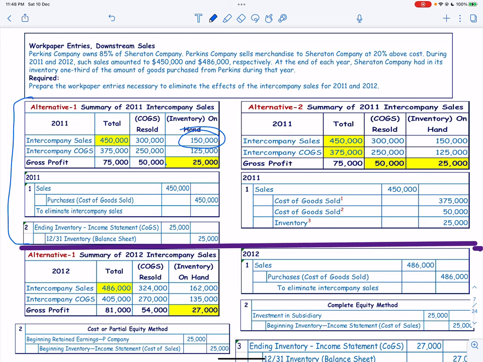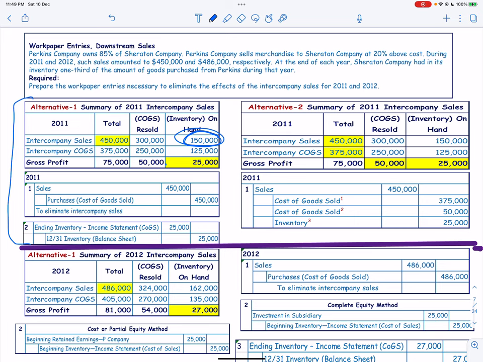And when the cost of goods sold decreases, the net income increases for the year 2011. That is the beginning inventory for 2012. So the beginning inventory for 2012 is the same as that of the ending inventory, that is 150,000.